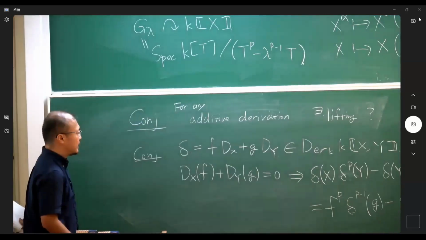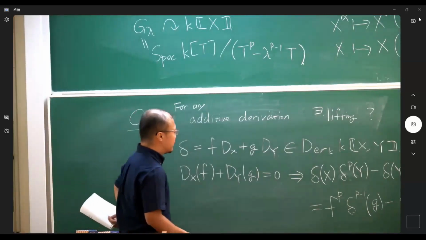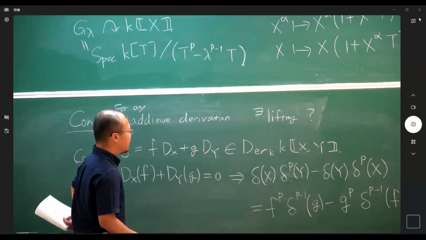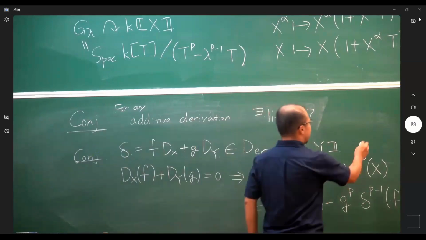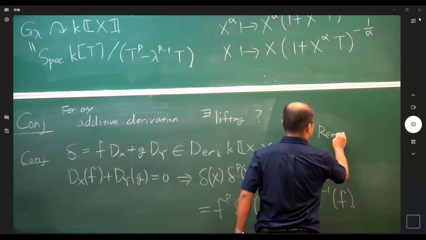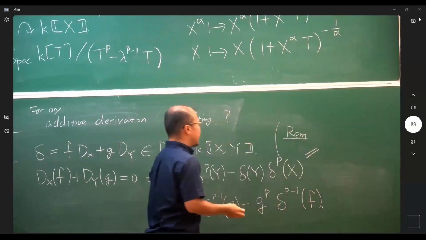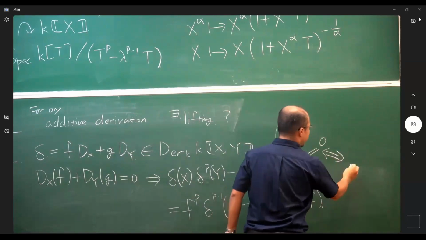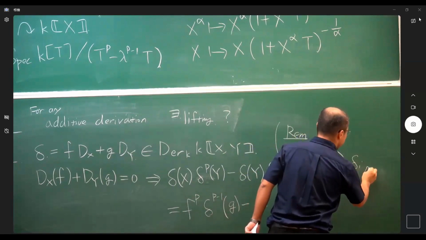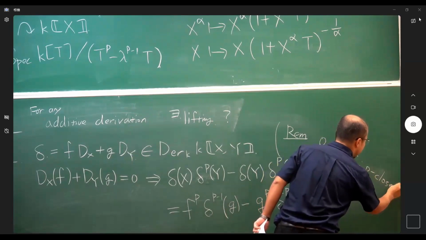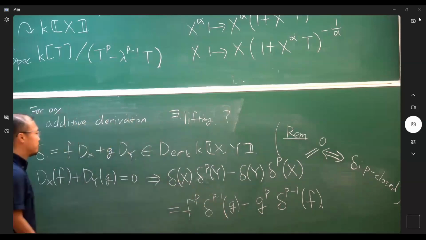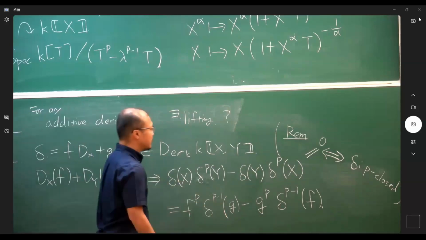So this gives a very efficient criterion for p-closedness, because the left hand side is equal to 0 if and only if delta is p-closed.